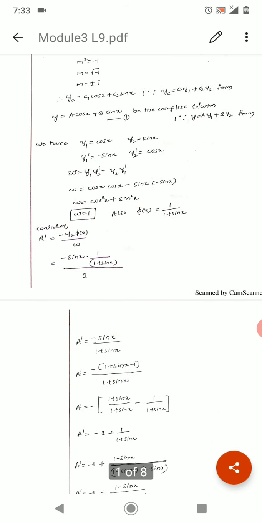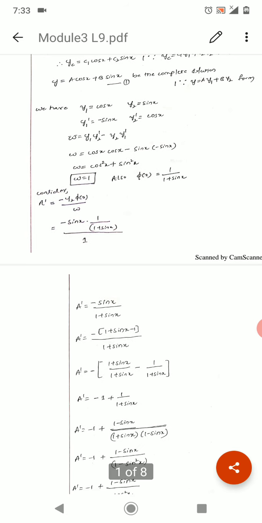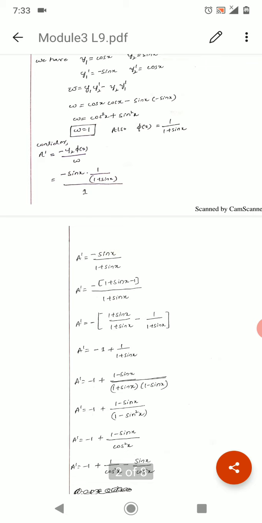Which can be written as -(1 + sin x - 1)/(1 + sin x). Here 1 - 1 will become 0, and the numerator will become again sin x.